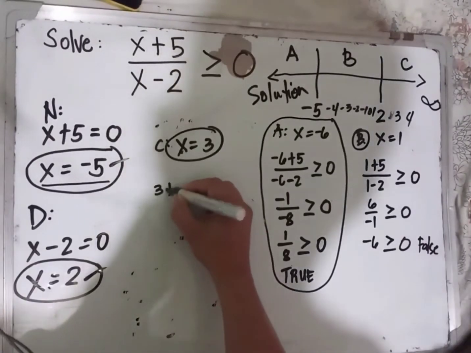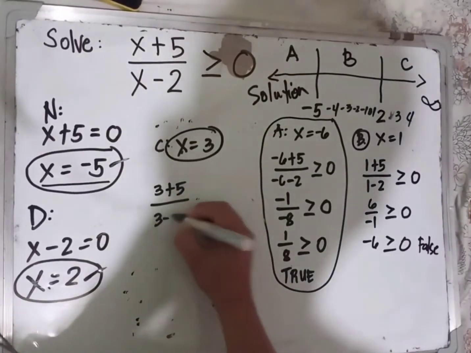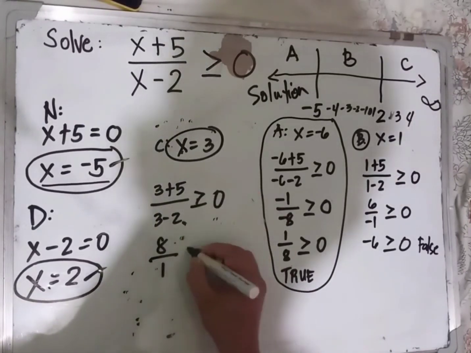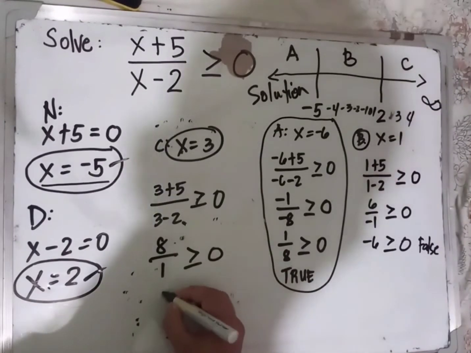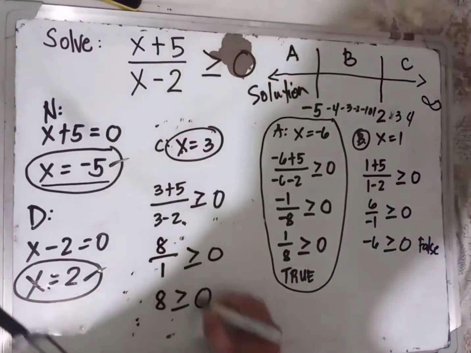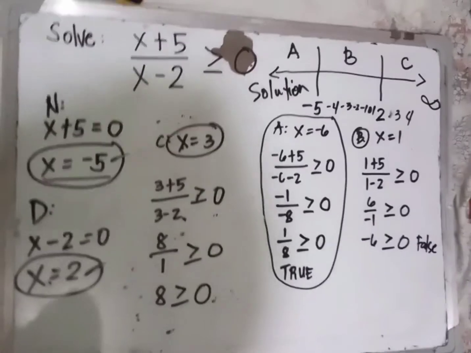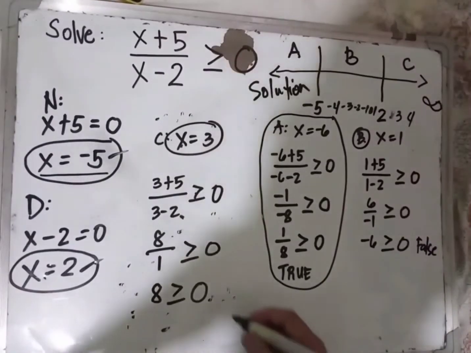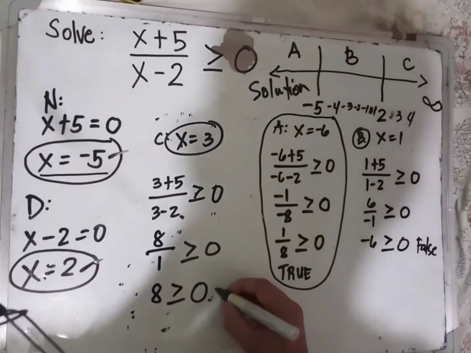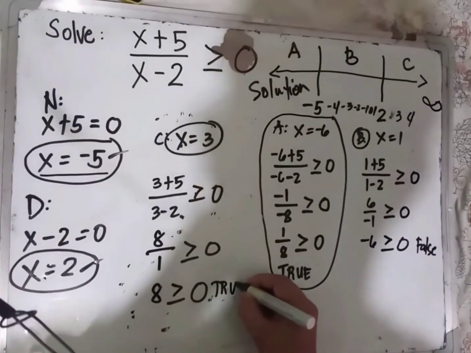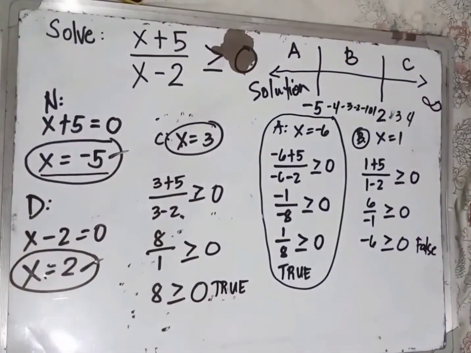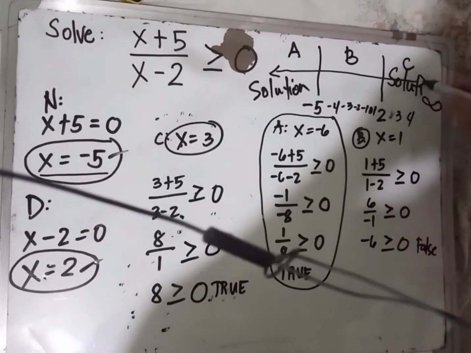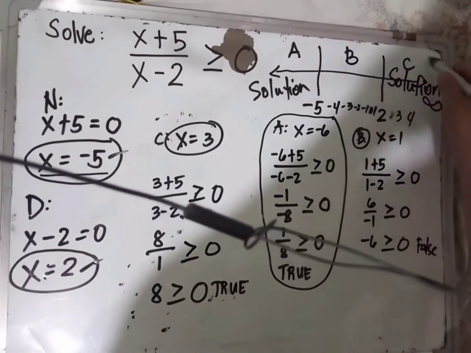So 3 plus 5 over 3 minus 2 greater than or equal to 0. So 8 over 1 greater than or equal to 0. So 8 is greater than or equal to 0. Yes or no? Or true or false? So that is true. So meaning yung solution natin makita natin sa interval A and interval C.